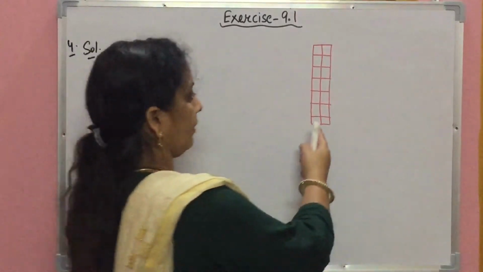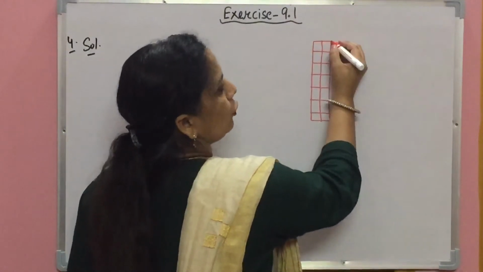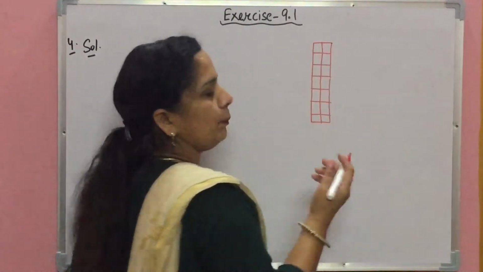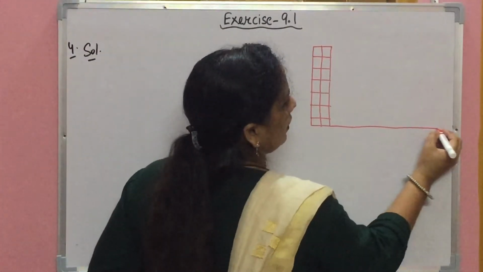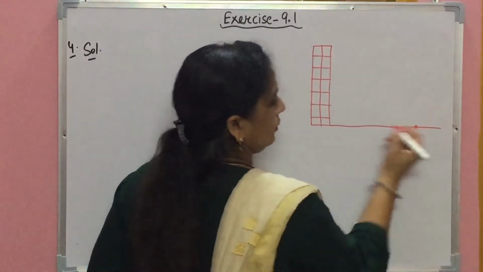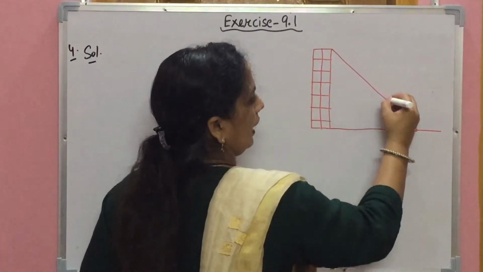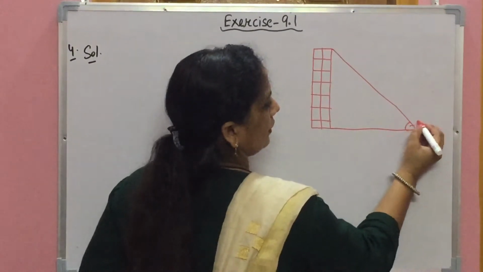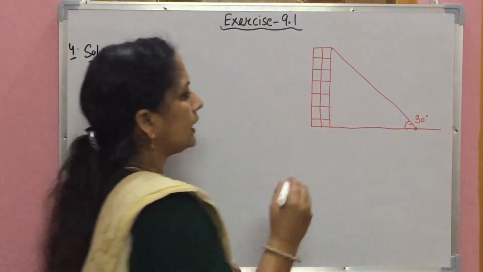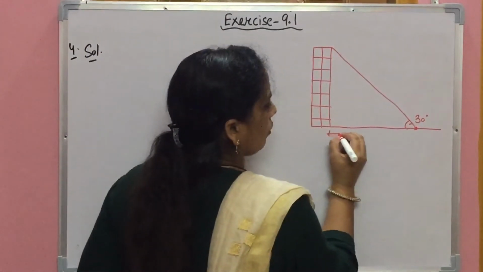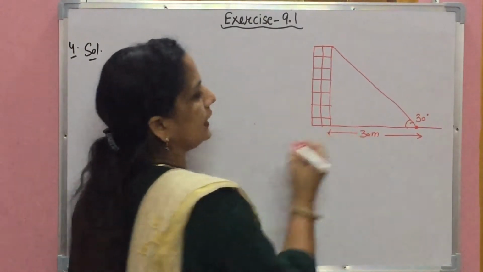Let's suppose that this is the tower, and in the statement it is given that from the top of the tower any point on the ground. So suppose that this is ground. Suppose any point on the ground and the top of the tower is making angle of 30 degree from this point, and the same point is at the distance of 30 meter from the foot of the tower.